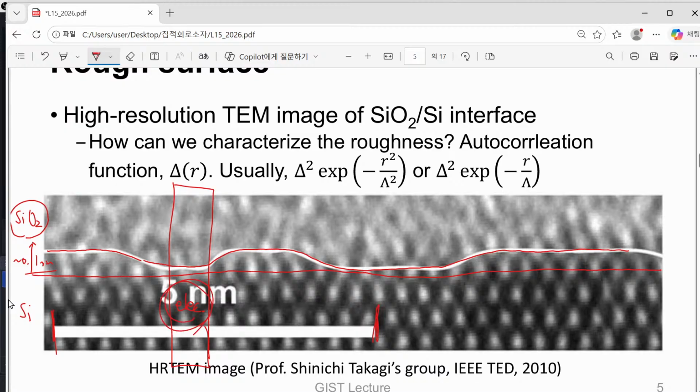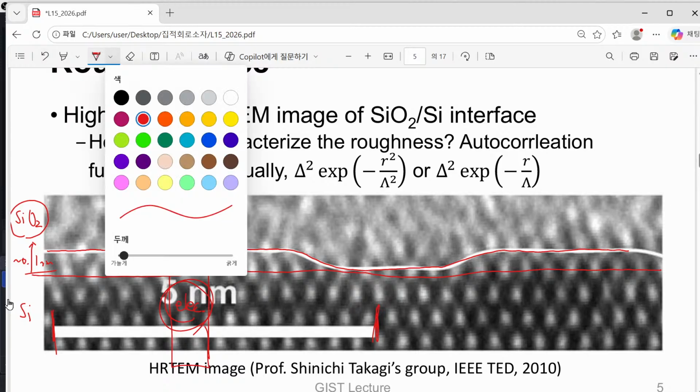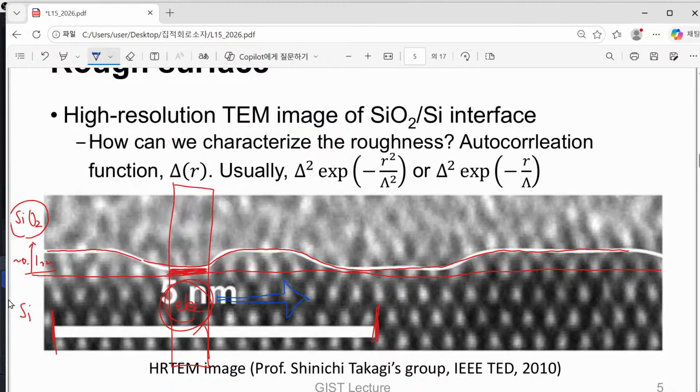These electrons feel that this is the boundary between silicon and silicon dioxide. So now, when we apply a certain electric field horizontally, they should move toward this direction, the drain.